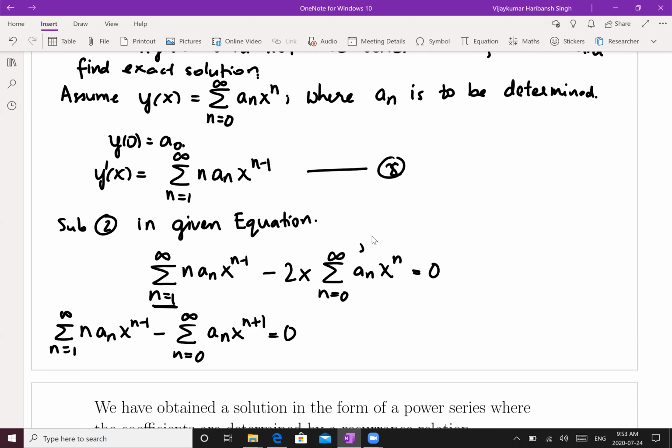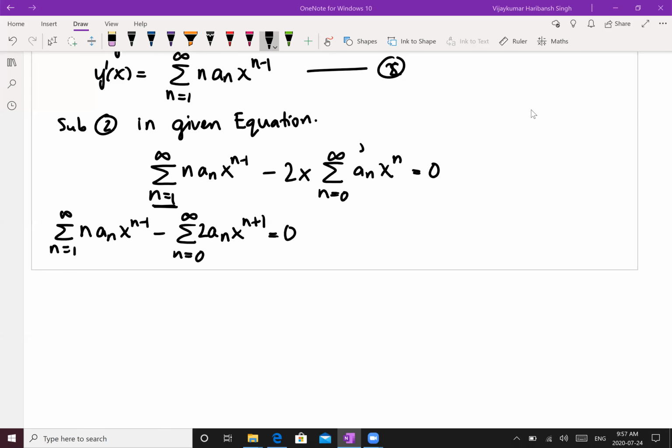So let's break this up. It starts from n equals 1, and we are going to rearrange this so that the powers match. We can take the first element out.